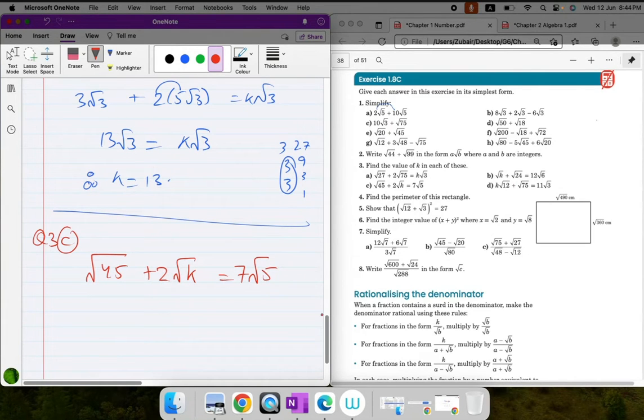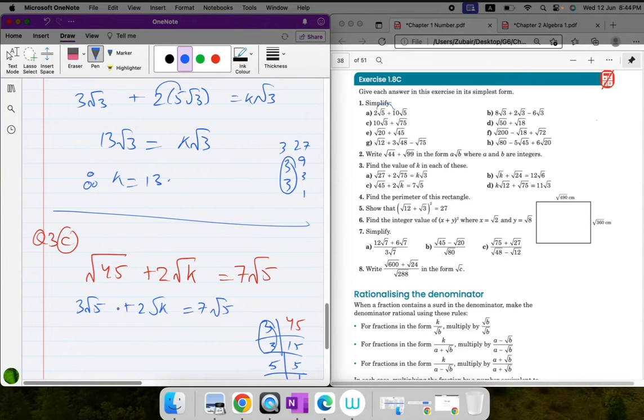So step by step, if I deal with square root 45 first, 45 divided by 3 is 15, divided by 3 is 5, divided by 5 is 1. So I have one pair of 3 that comes outside, 3 square root 5 plus 2 square root k is equal to 7 square root 5.